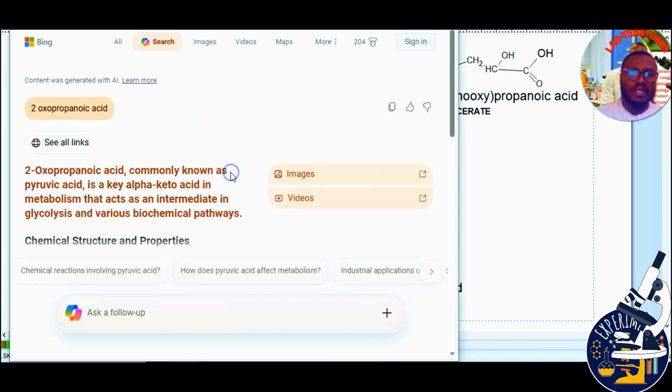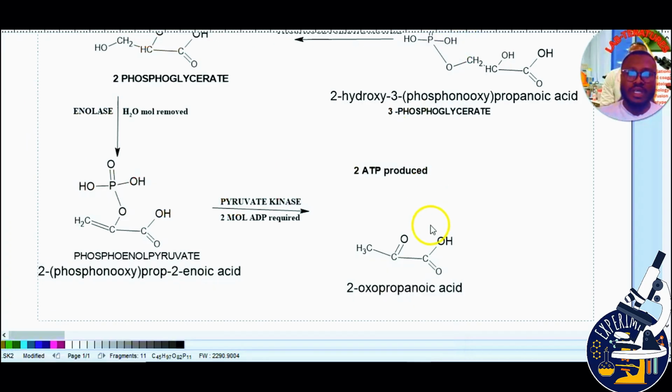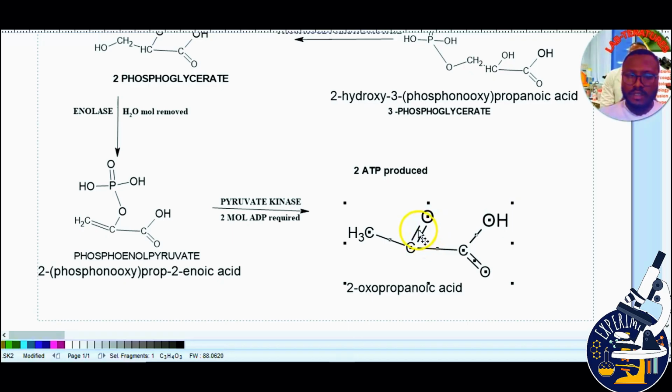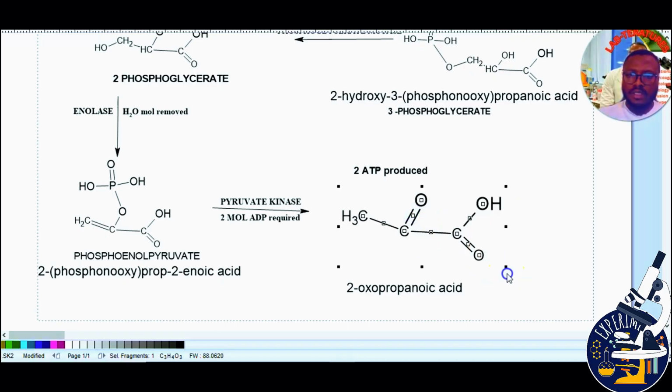Great, so we've got our answer sorted, and we know we've done the right thing, so we can close this page and come back here, and we'll write the name of our structure as pyruvic acid. Because we are so glad that we've got the right structure on here, we will just enlarge this and bring it a bit closer to this side, and we will type our name here as pyruvic acid.